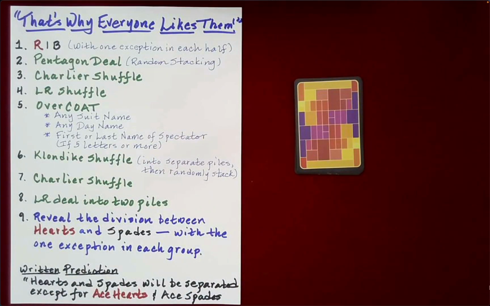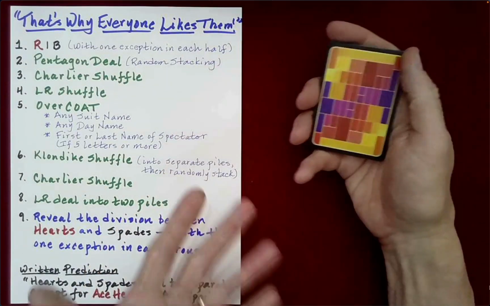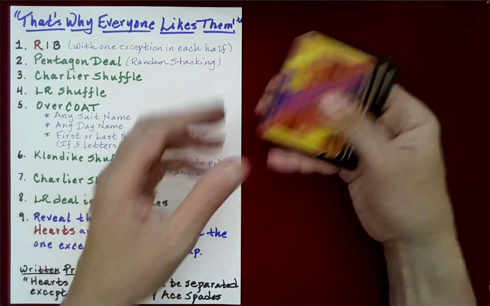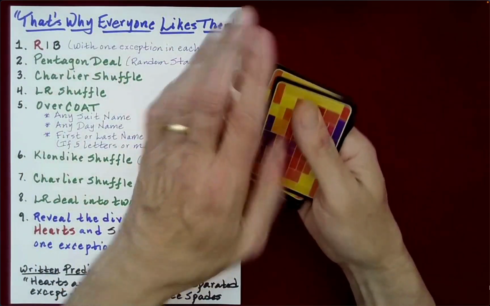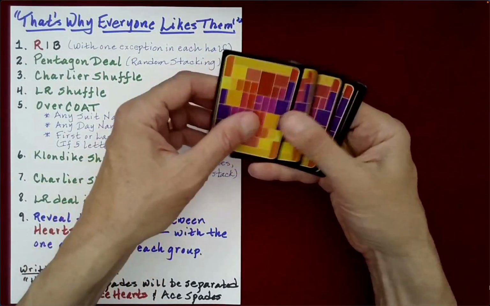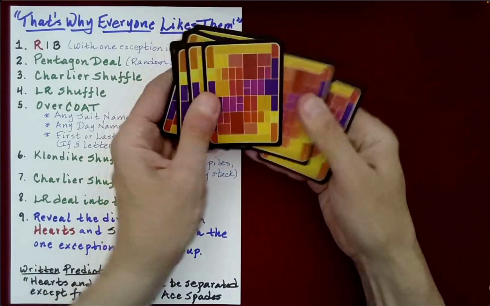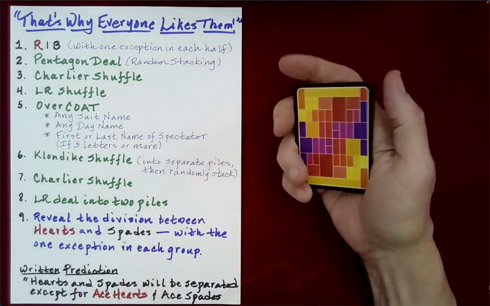An alternating structure. Well, something far more convincing than just an ordinary packet cut is this Chardelier shuffle, top to bottom, bottom to top, top to bottom, okay? And I have a separate video on the Chardelier shuffle on my website. So if you'd like to look at that and kind of learn that one, that's a good shuffle to learn.